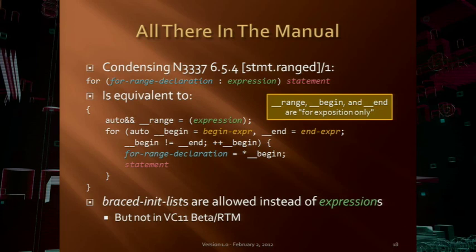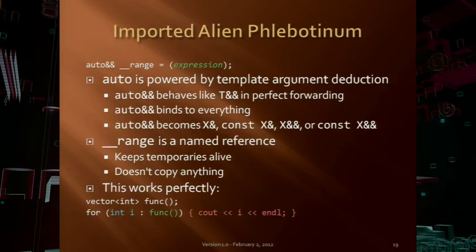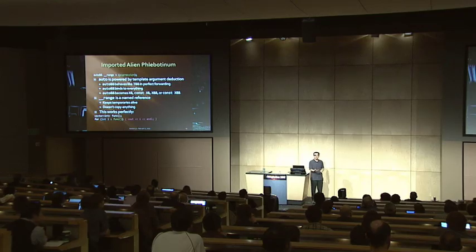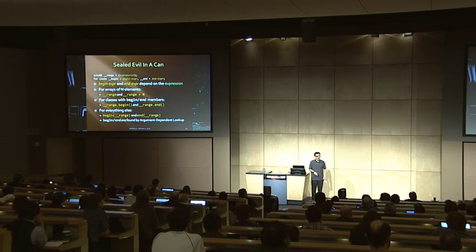It makes your code way less verbose than what you would have to do with an iterator loop. There you would have to give the vector a name. You would have to say vector int v equals func, and then for auto i equals v.begin, i not equal v.end, blah, blah, blah. Or even worse if you were C++03, for vector int iterator i equals, horrible. Now we can just say for int i in func. That's nice. And you don't need to worry about unnecessary copies.